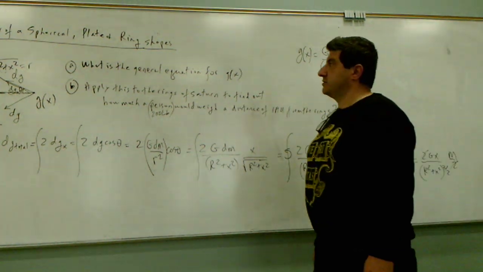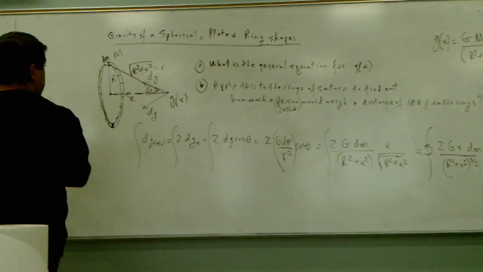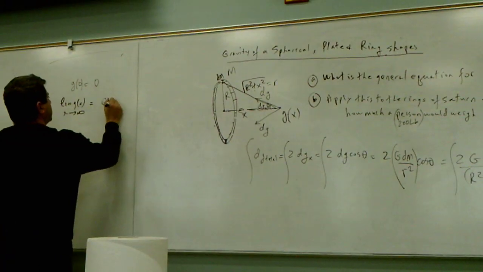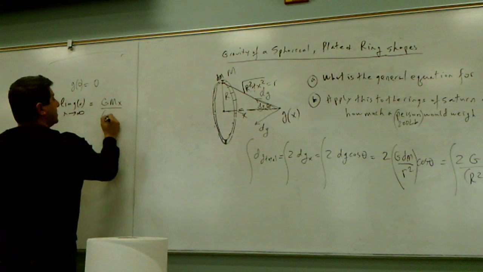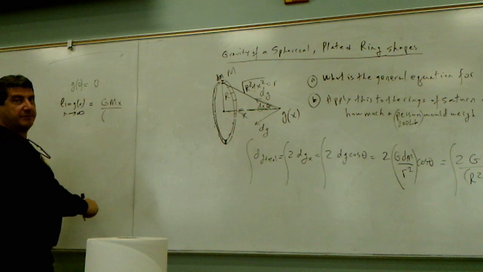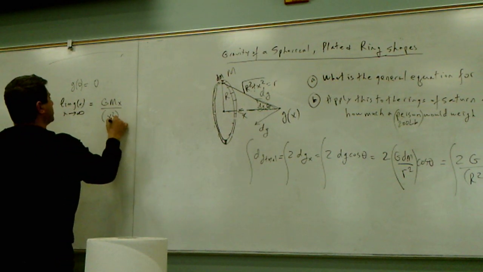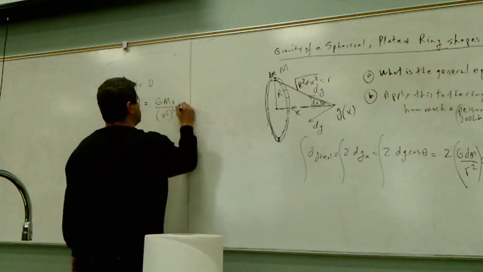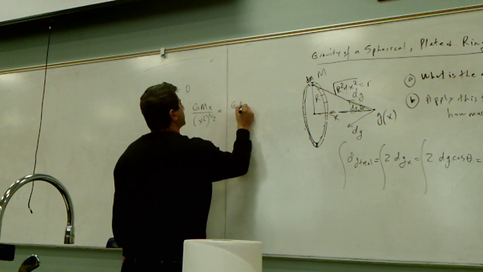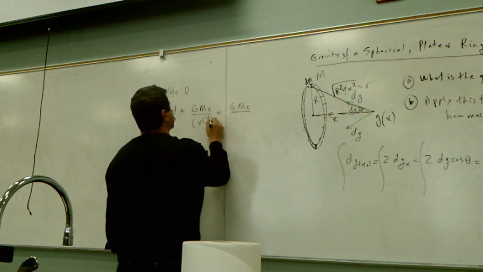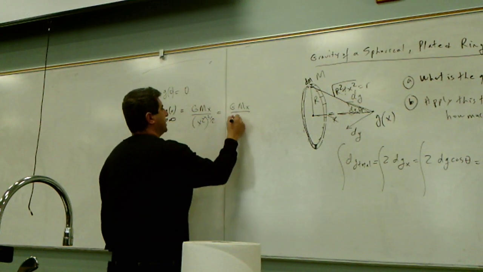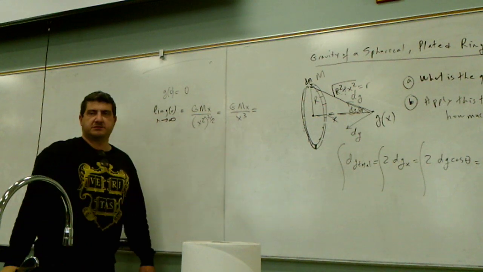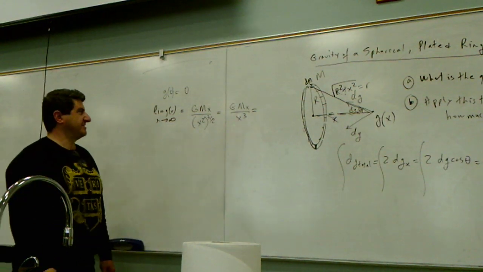Right? So then the way to find the behavior of that function is just to say G m x over, then you ignore the r on the bottom. You just say x squared to the 3/2. So what is that equal to? x squared to the 3/2, the 2 cancels, x cubed, and then you have what?